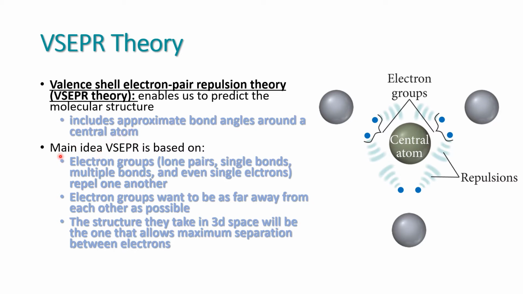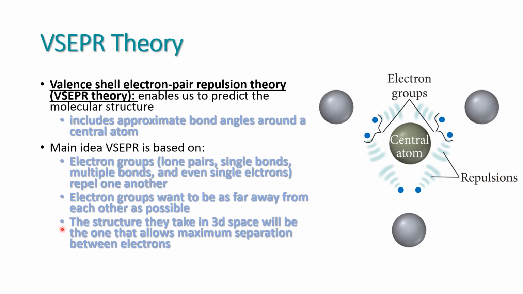So the main idea about VSEPR, I'm going to keep it simple, is that electron groups are antisocial. Electron groups, whether they are lone pairs, single bonds, double bonds, triple bonds, or even single electrons, repel one another. They don't like being next to each other. No matter what they are, bonding groups or lone pairs, they will repel each other.